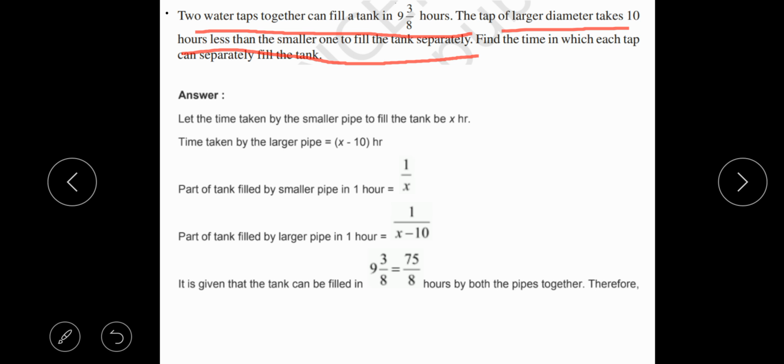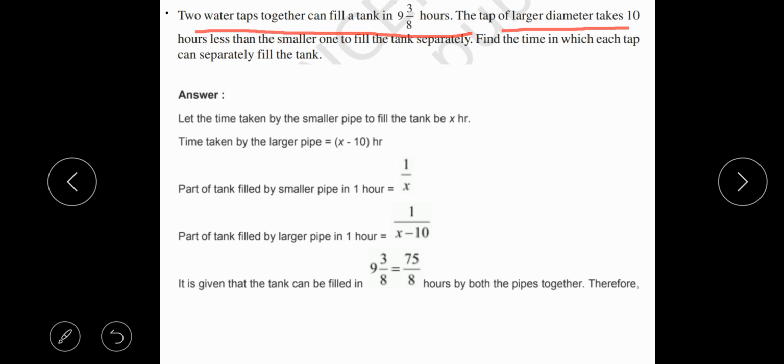We have been given the comparison between the larger and smaller diameter taps. Now we have to find the time in which each tap can separately fill the tank.